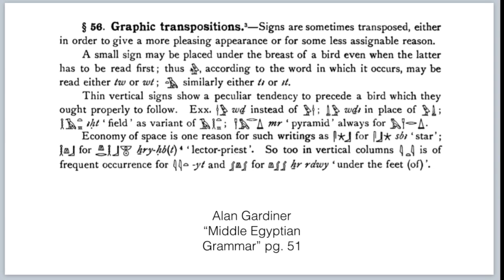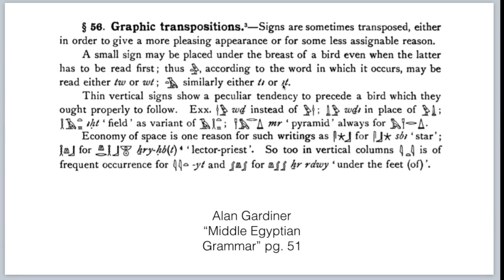A small sign may be placed in front of the breast of a bird, even when the letter has to be read first. Thus, the bread loaf and the quail chick, according to the word in which it occurs, may be read either TW or WT. The bread loaf and the vulture glyph similarly, either ta or at.